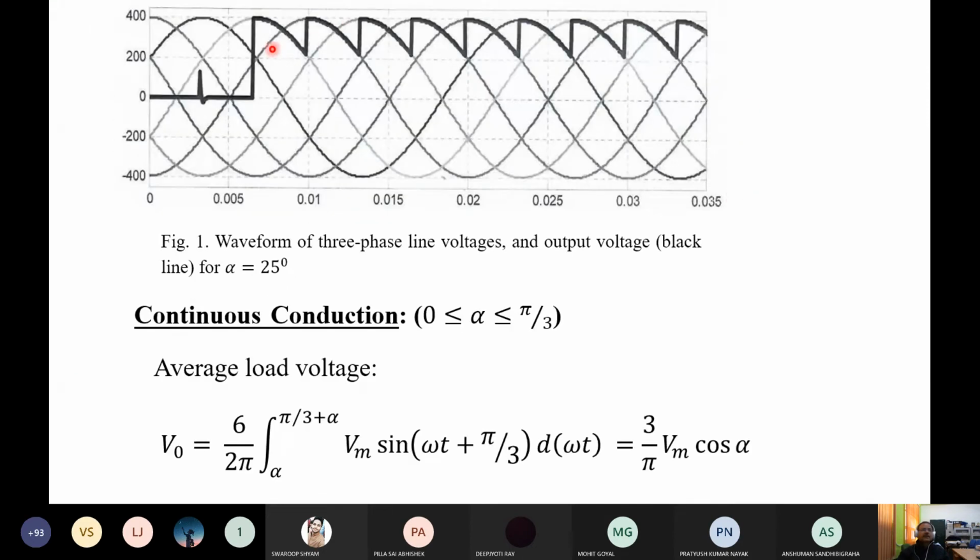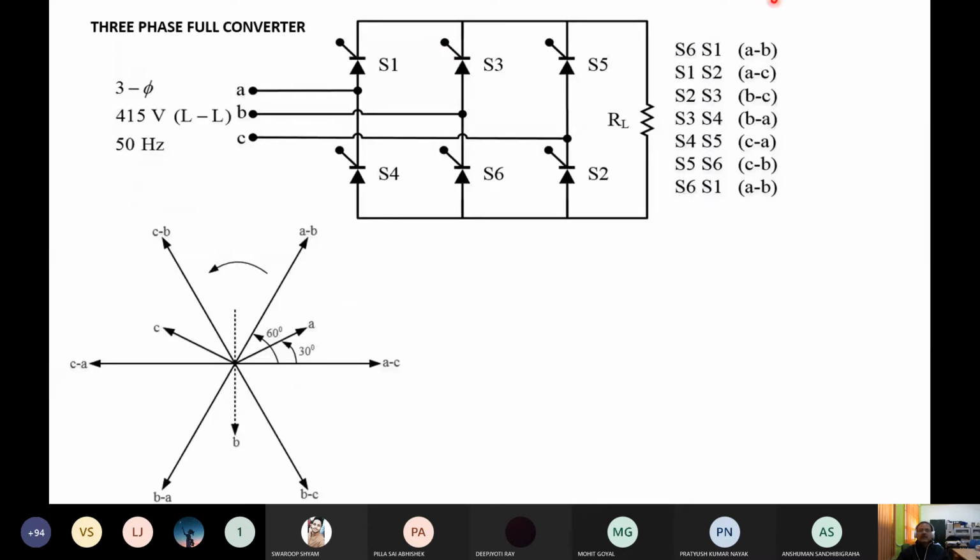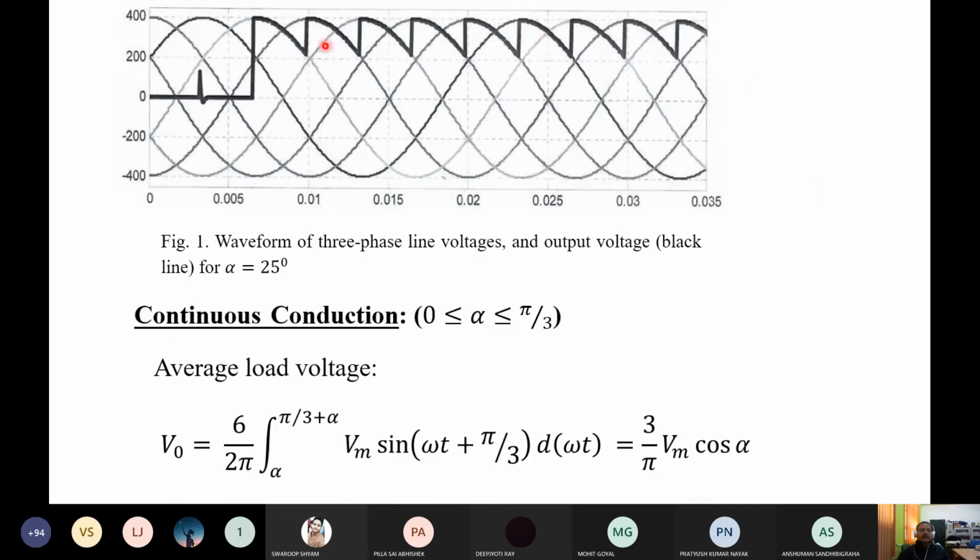See here, a similar waveform, not unlike your half control. This is your 0. We trigger here S1 and 6. So this will appear: AB, AC, BC, whatever is the sequence. AB, AC, BC, BA, CA, CB. Again AB.